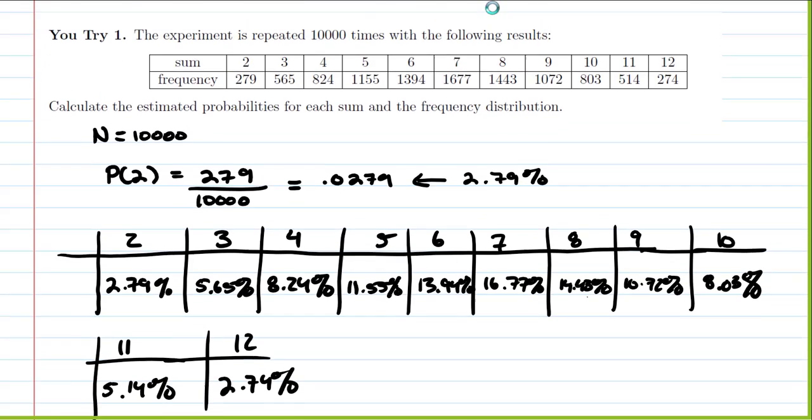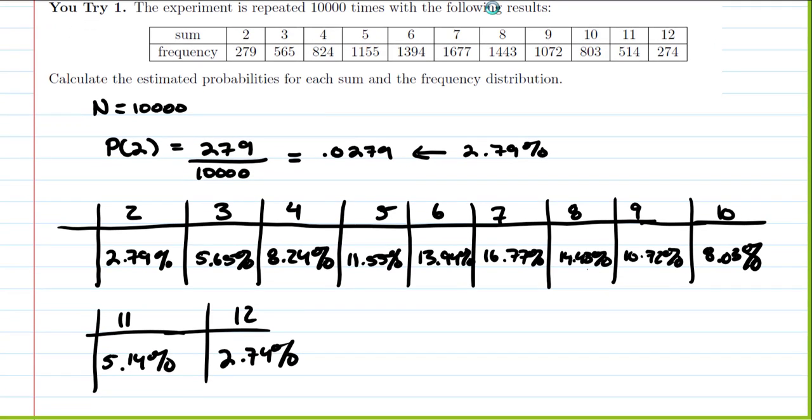So if we go up and we look at our table you guys just made, let's pretend we're playing craps. To win when you're playing craps, on your first roll, you have to roll a 7 or an 11. So what's the probability of rolling a 7 or an 11? Well, a 7 is 16.77, and what's the probability of an 11? 5.14.